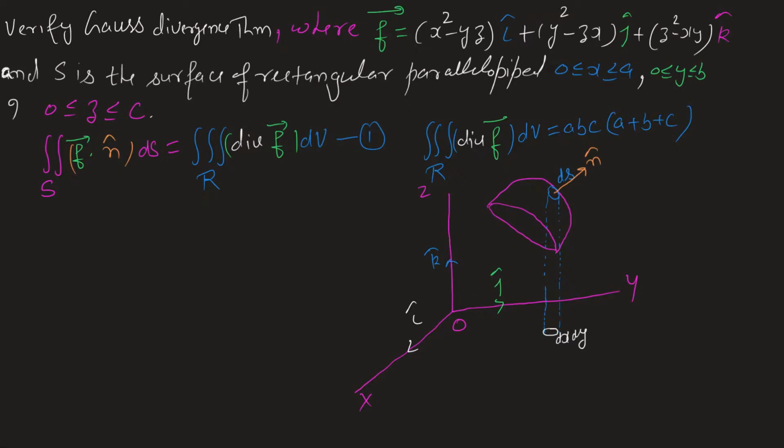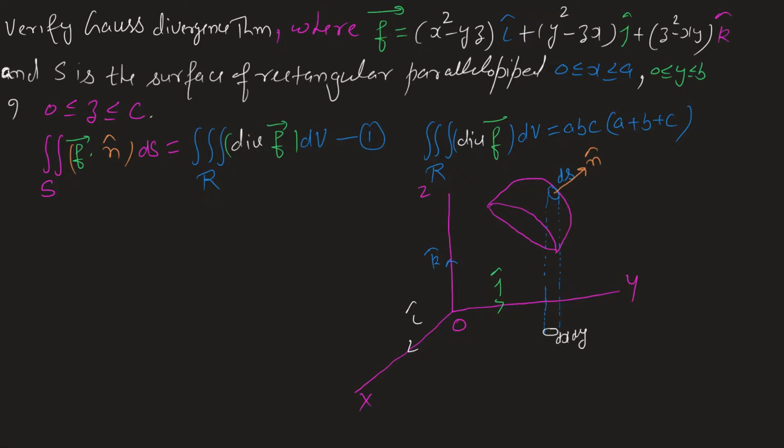To find the angle between this surface ds and this dx dy, we have to find the angle between the surfaces, so we find the angle between their normals. The normal along the z axis is given by this unit vector.